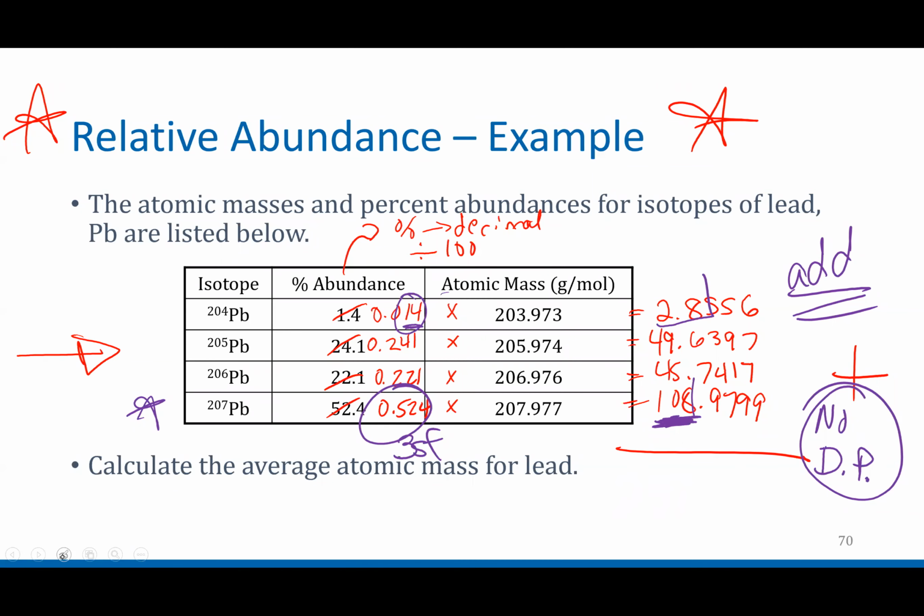Let me change my color here. Now, this is what I get. This might not be what you get, because depending on how you rounded your numbers, you might see something a little different. But what I get is 207.2.